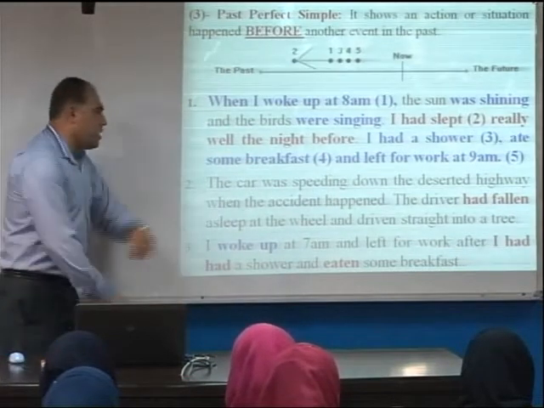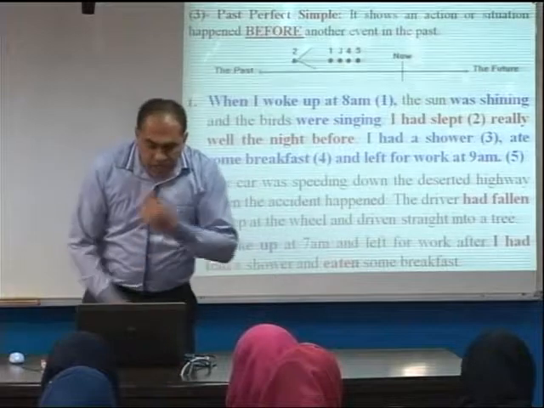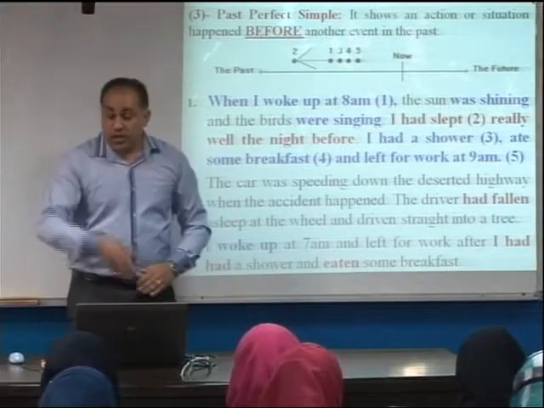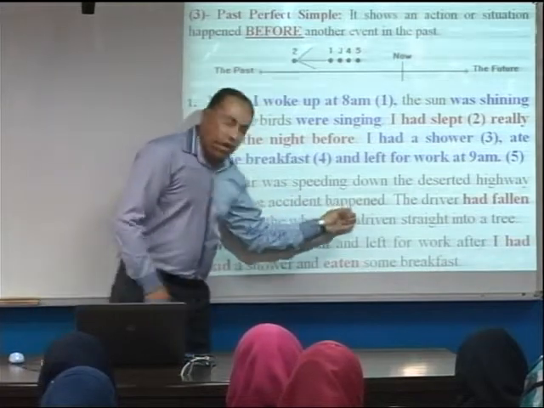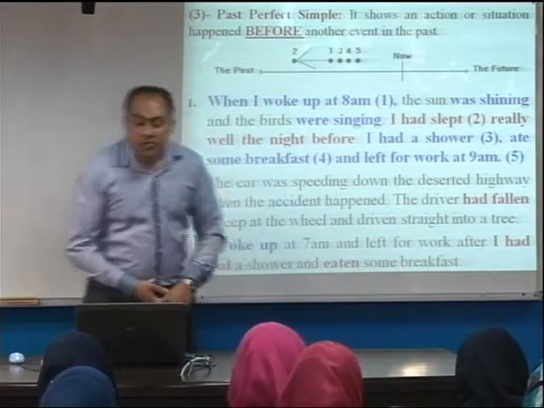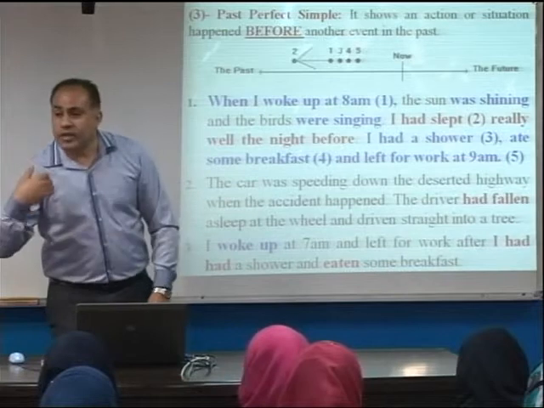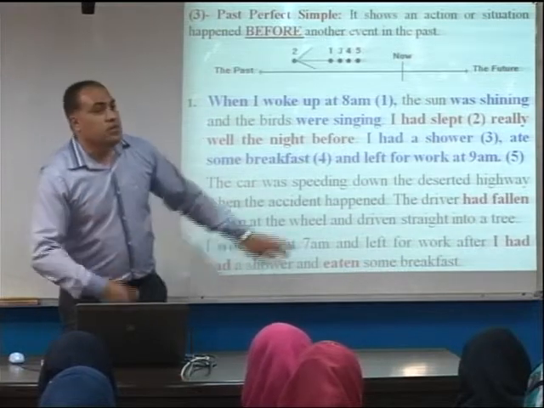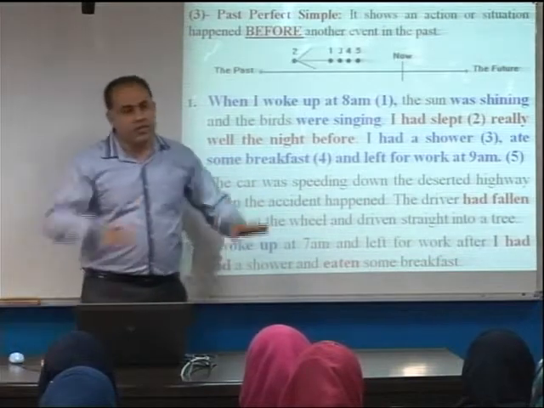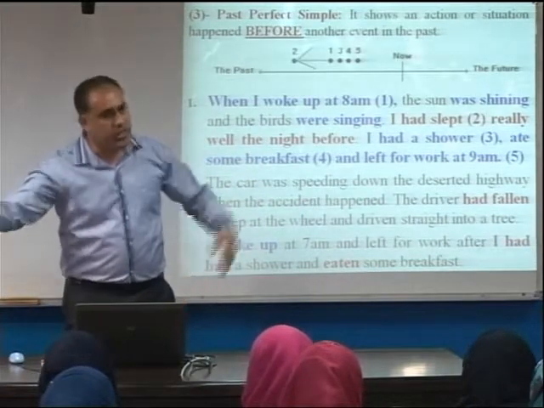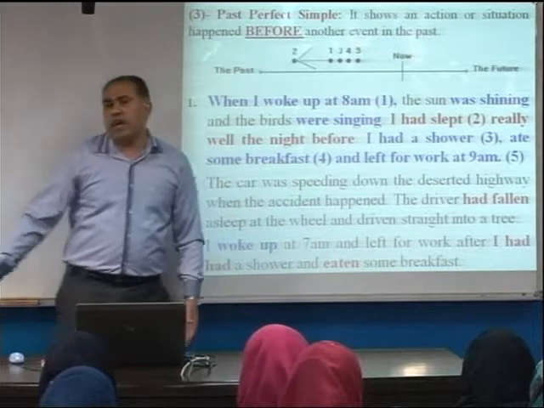Another example: the car was speeding down the deserted highway when the accident happened. What happened? The driver had fallen asleep. The falling asleep of the driver happened before the accident, and that's why we said he had fallen asleep before he had the accident.